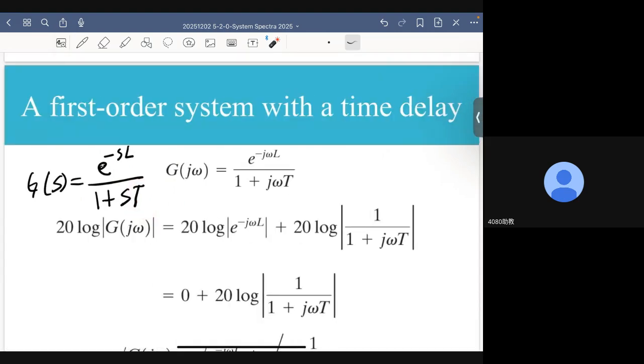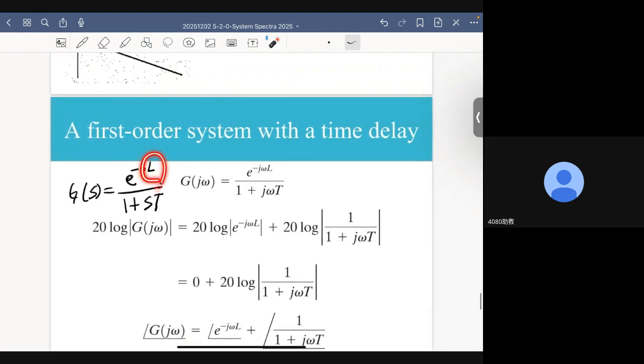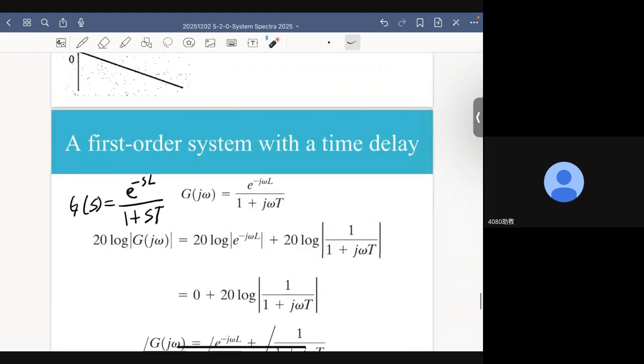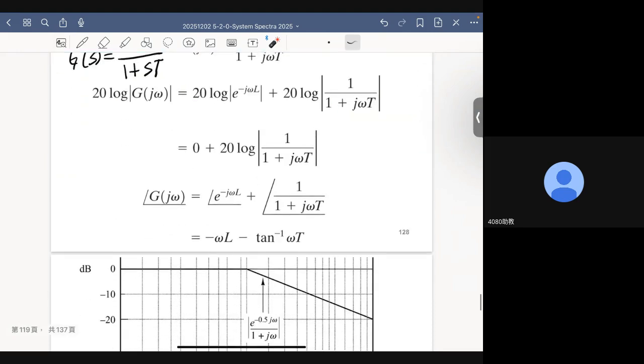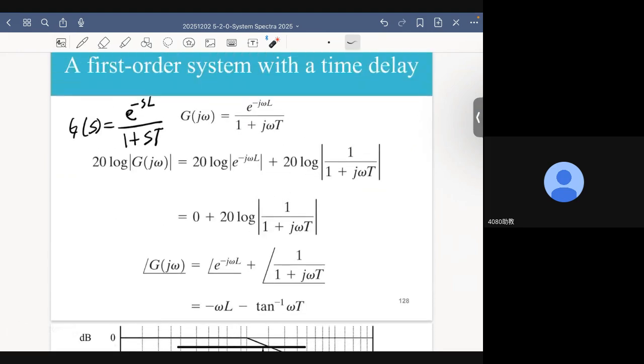The larger the time constant, the slower the system, okay? And the time delay in this case is L, okay? Let's see what it really looks like when it comes to frequency response. Since I want to study phase margin, I go to the Bode diagram of the loop transfer function. So let me take the magnitude of the loop transfer function, then take log and multiply it by 20. And this is what I have.